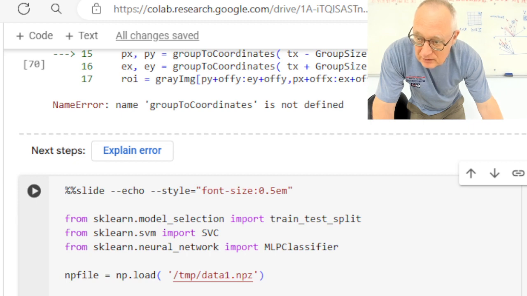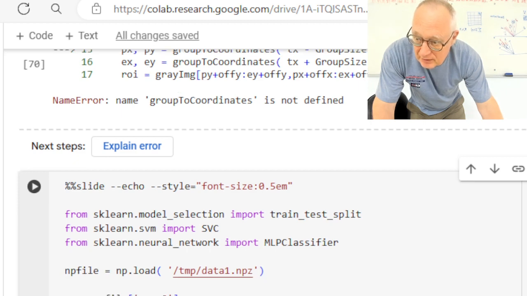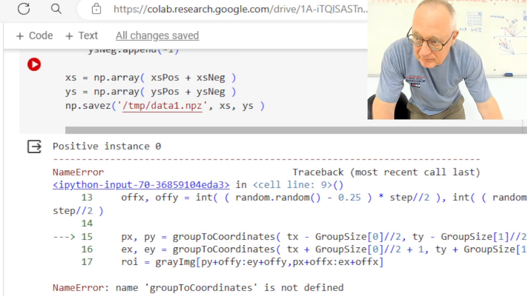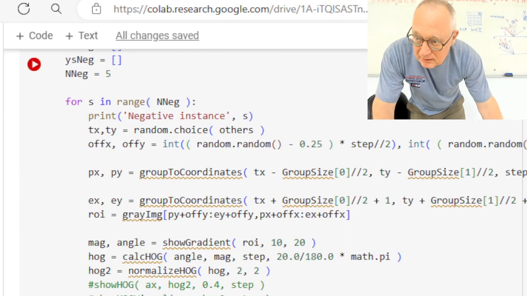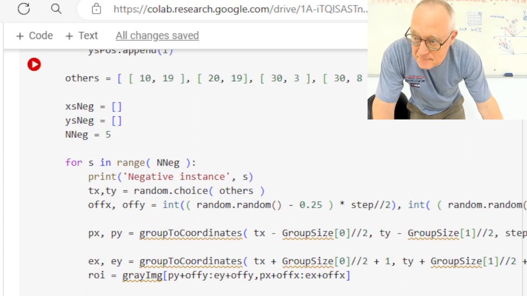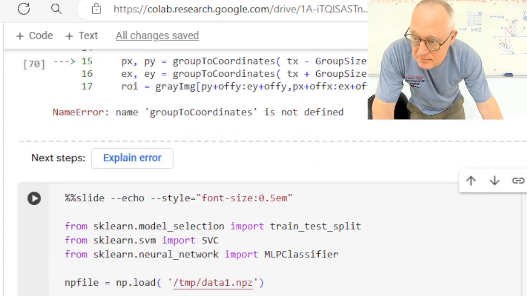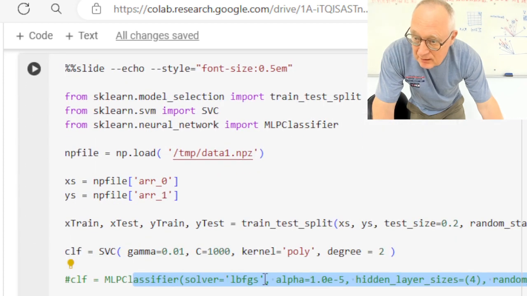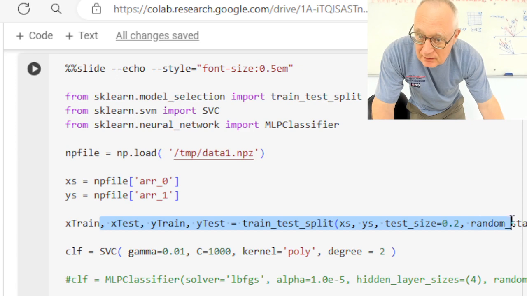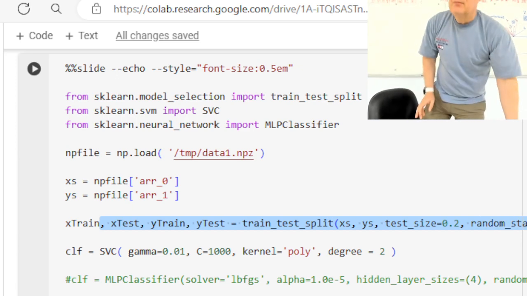Not sure why I turned that off. Using. Here, actually, yeah, I did implement it.